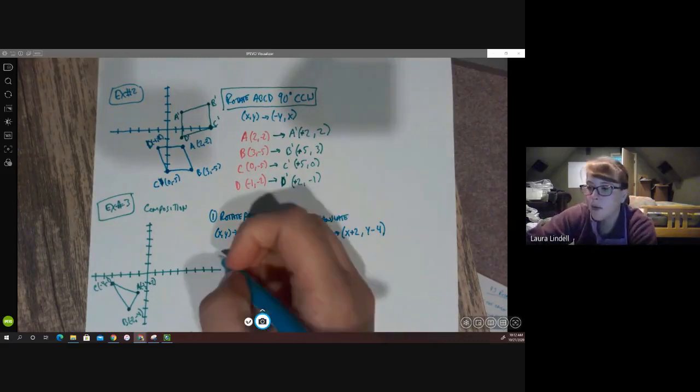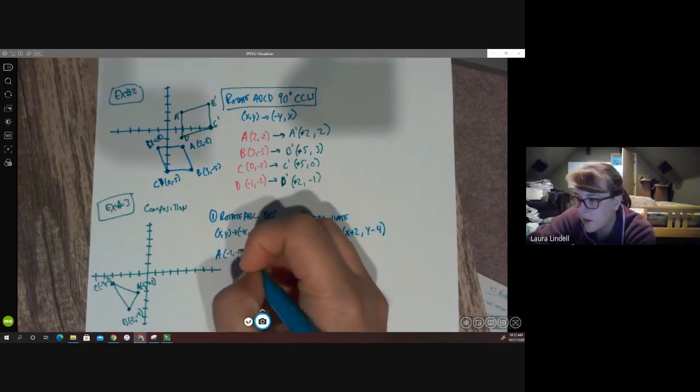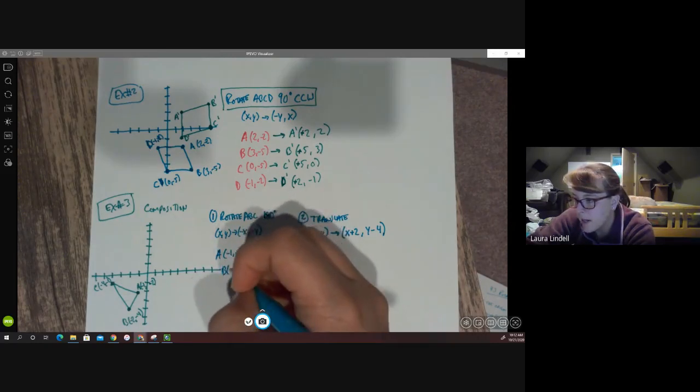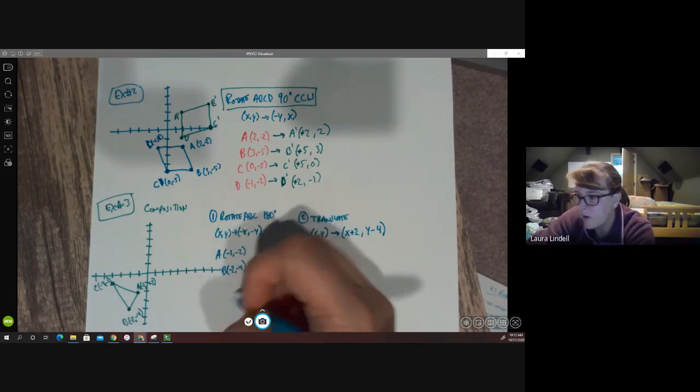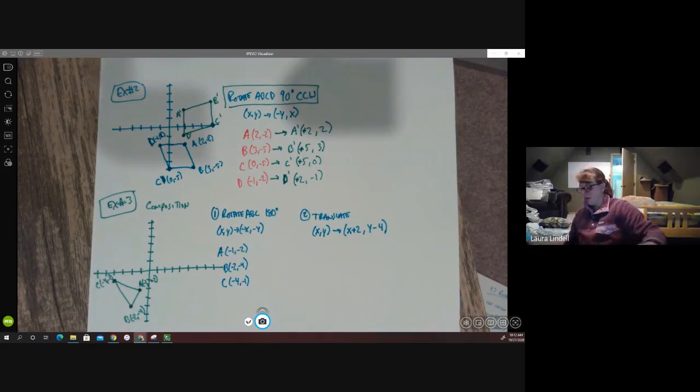So I'm going to write down my coordinates. We had A was at -1, -2. B was at -2, -4. C was at -4, -1. And we are going to rotate.